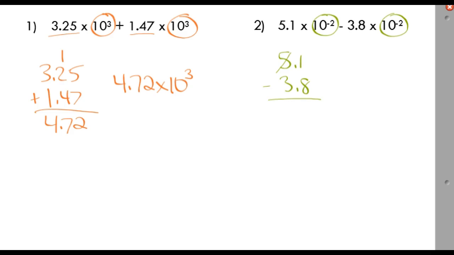We're going to take 10 from here to give it to the 1, making this a 4. So we get 1.3. So we have 1.3 times 10 to the negative, oops, I almost added them together, to the same negative 2. So when they match, you have a much easier time with these.